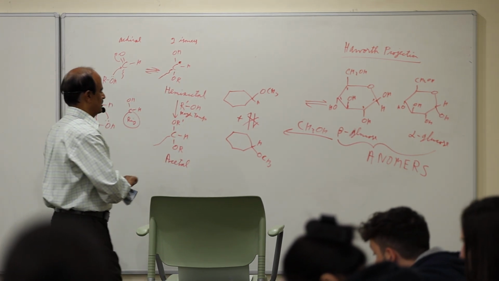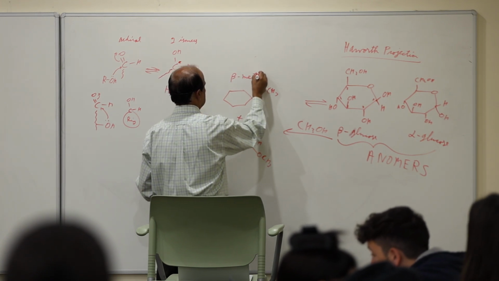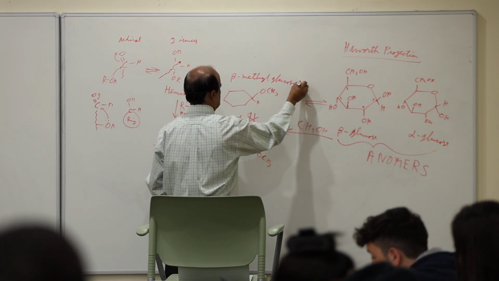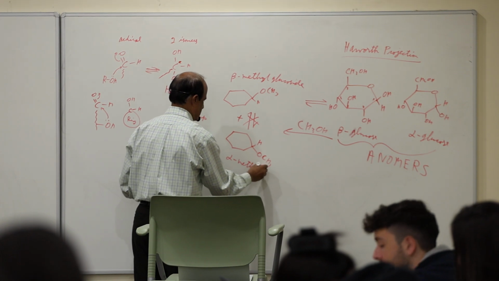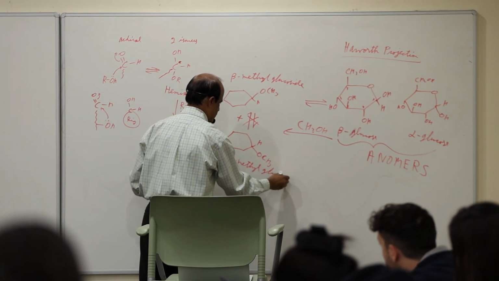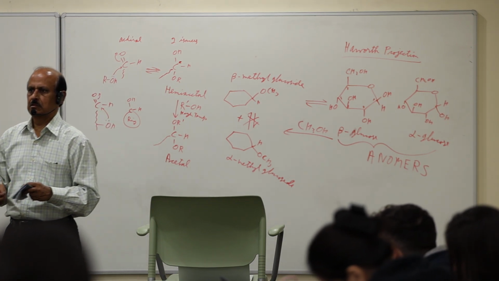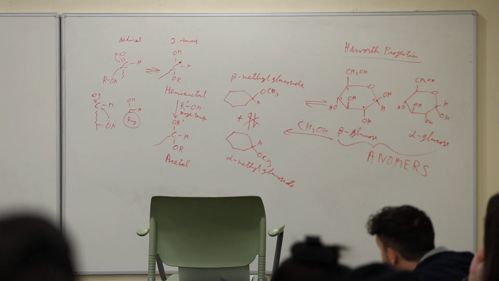So this will be called the beta methyl glucoside, and this is the alpha methyl glucoside. So this way you can form the glucoside.